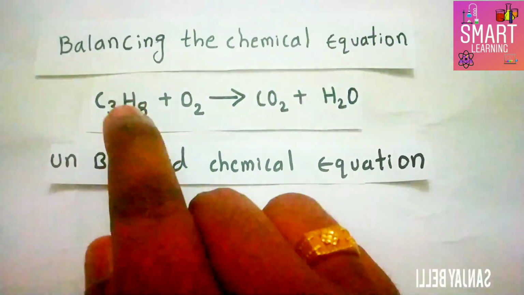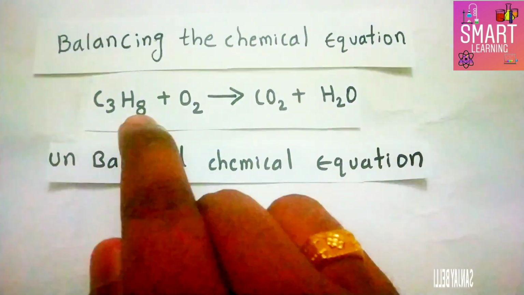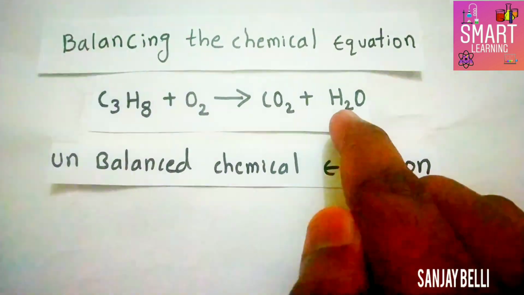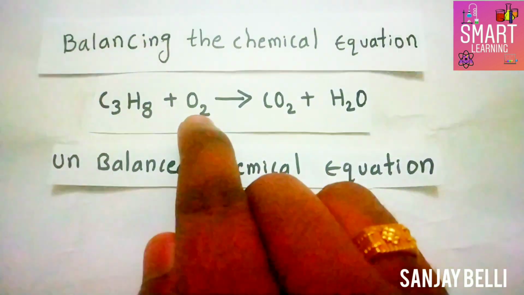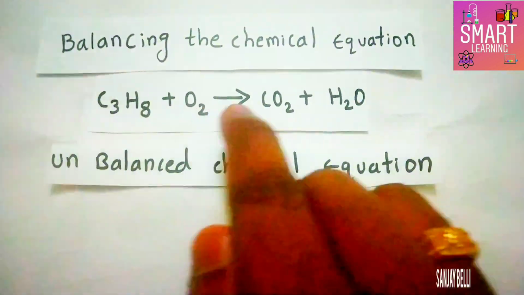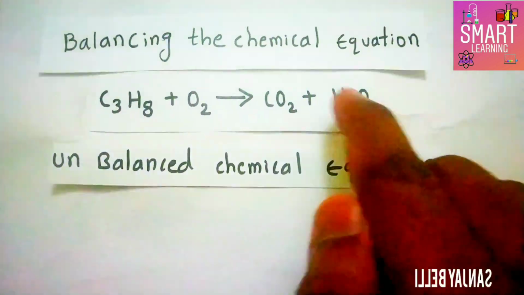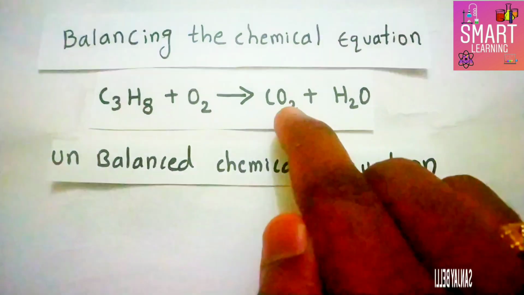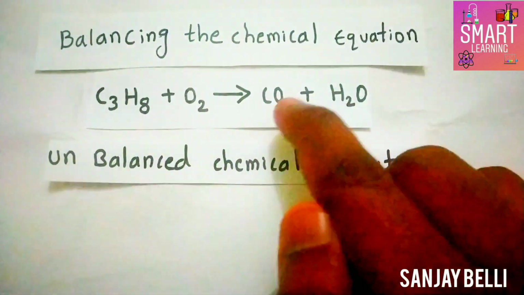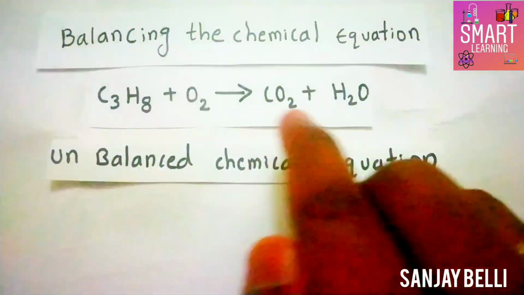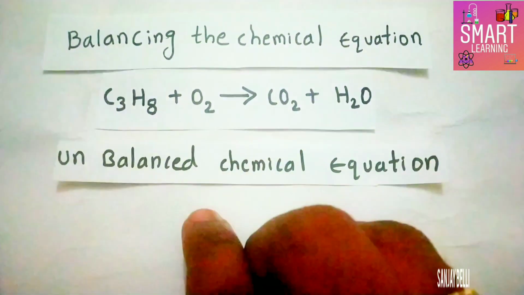H8, 8 hydrogens on reactant side, 2 hydrogens on product side. 2 oxygens on reactant side, 3 oxygens on product side. Here you can see O2 and here O, that is 2 plus 1, 3 oxygens. So it is an unbalanced chemical equation.